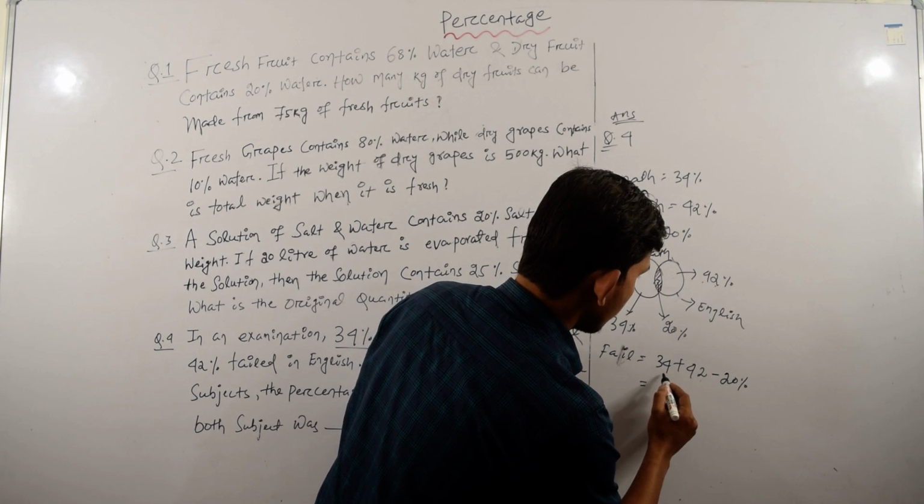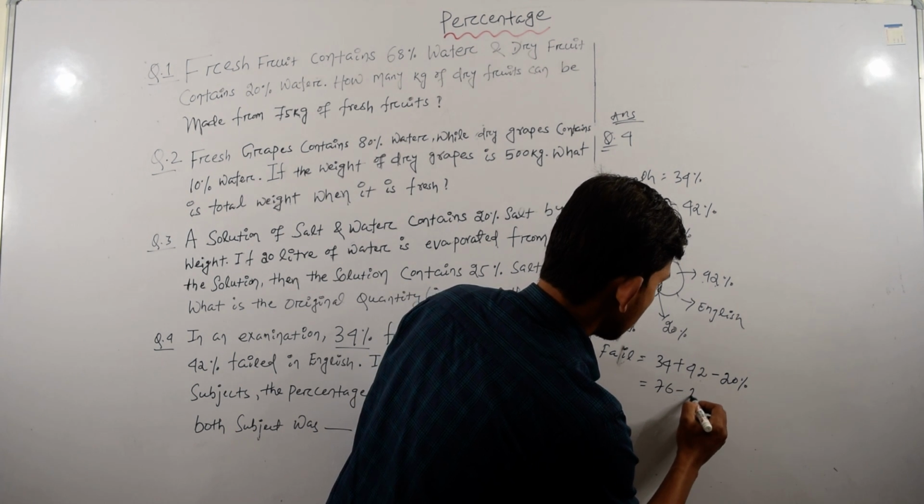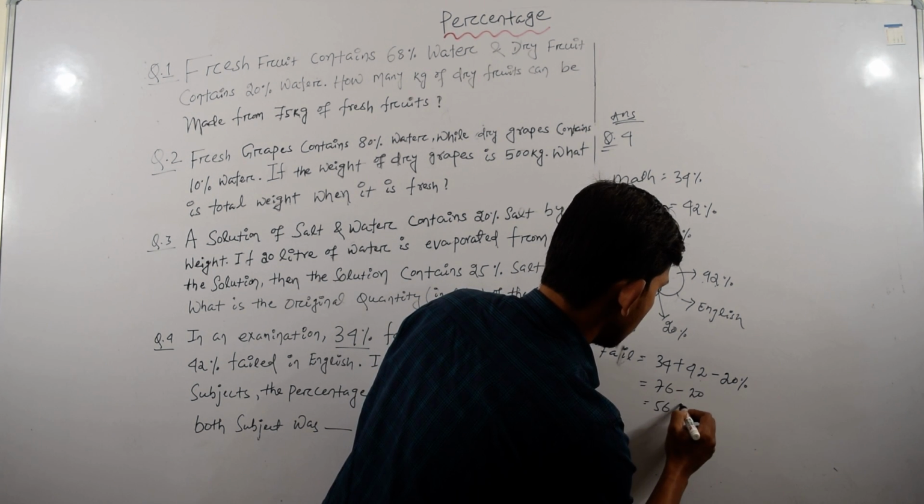The total will be 76 minus 20, that is 56%.